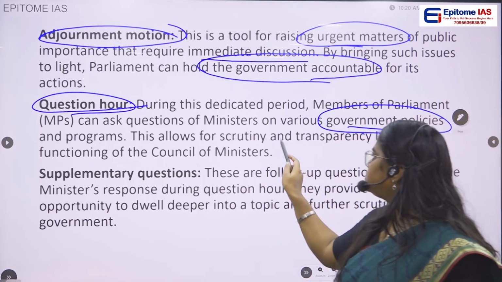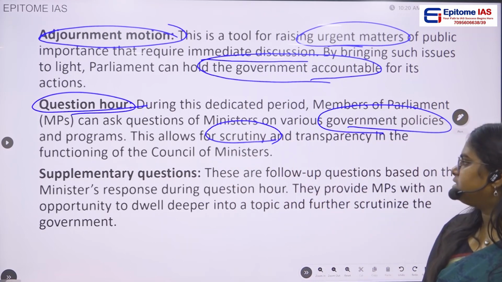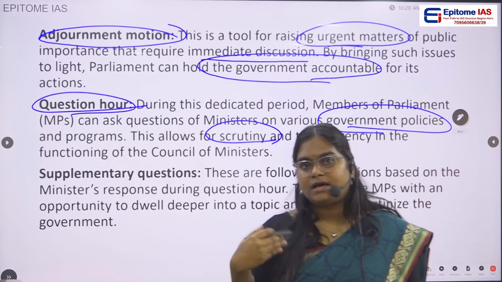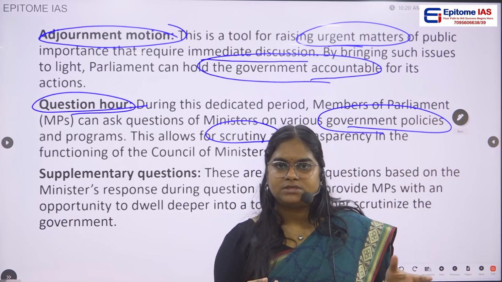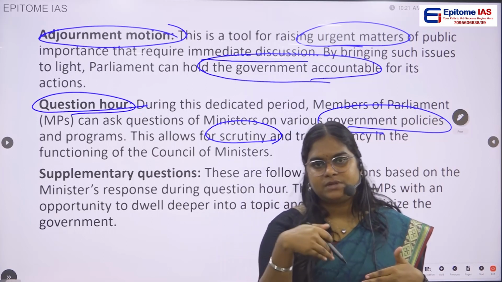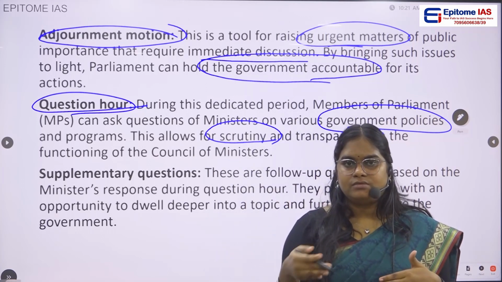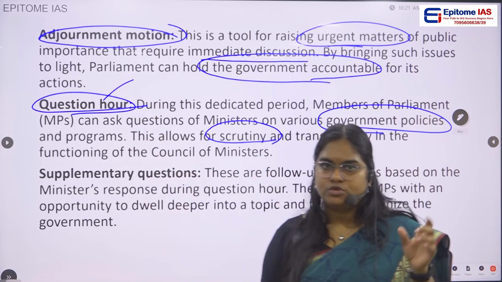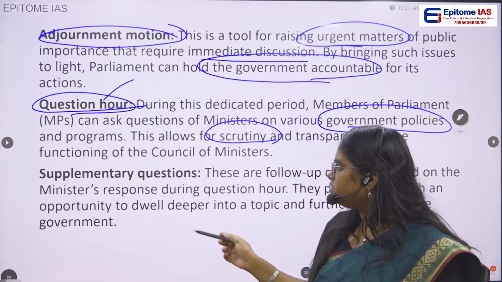This allows for scrutiny and transparency in the functioning of the Council of Ministers. If they are asking questions to the Council of Ministers, it will be held accountable. The Council of Ministers will be answering about their actions. So this is one of the tools to exercise control over the government.